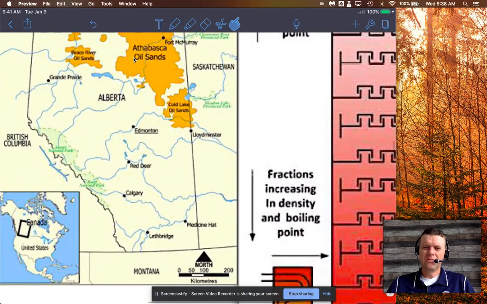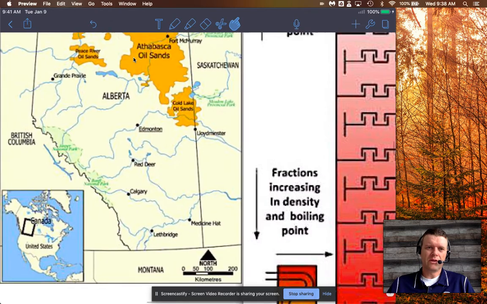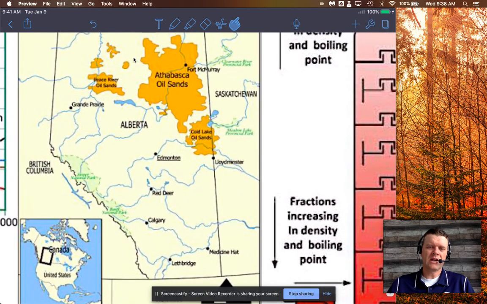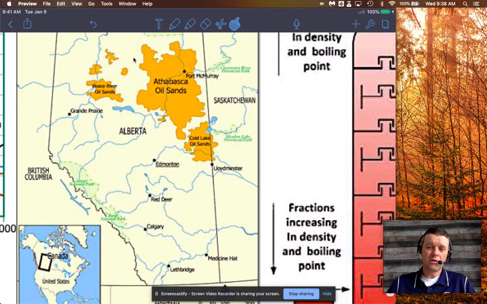So we still have to access it with normal surface mining techniques, but using water and a bunch of chemicals, we can separate the oil from the sand. It's kind of an ugly process. You make a big mess doing it, and a lot of environmental groups have been really critical of the process because you have these tailings ponds that birds land in and then they die because it's just toxic.